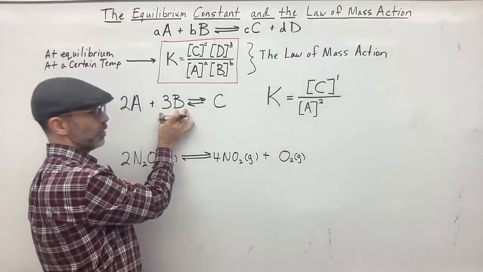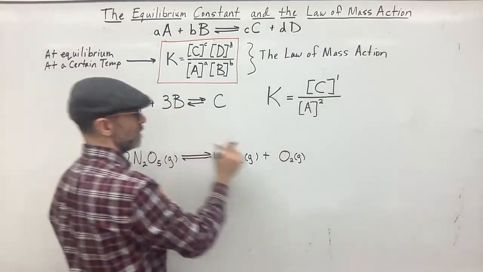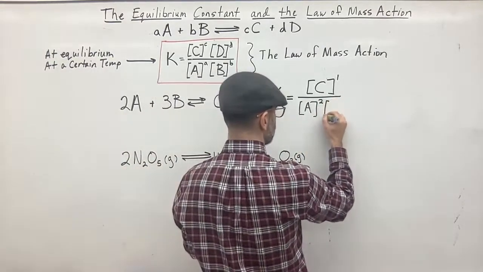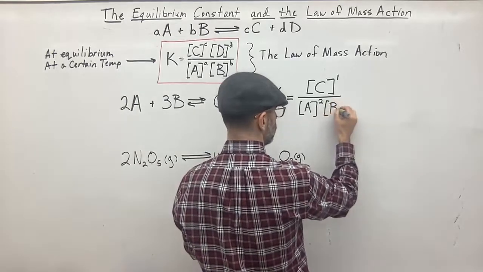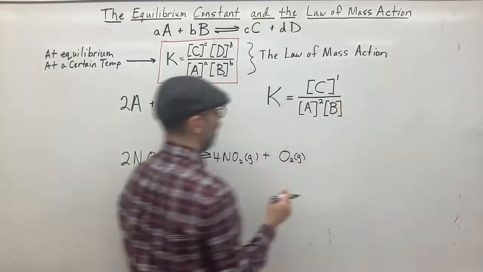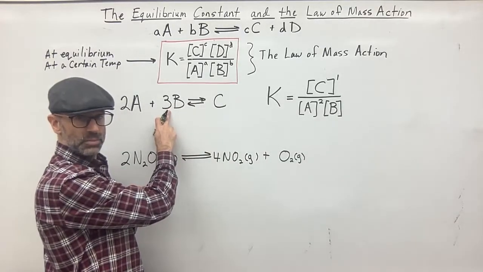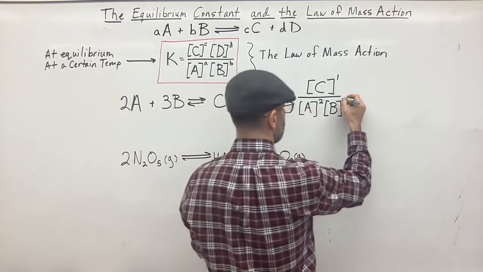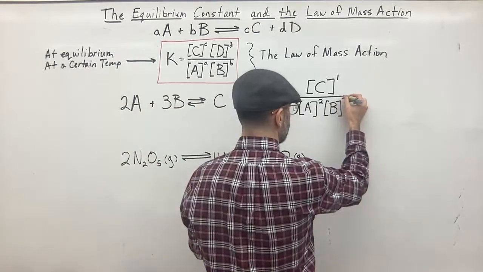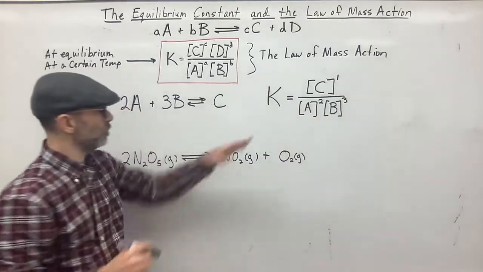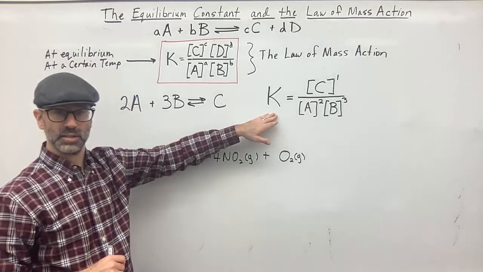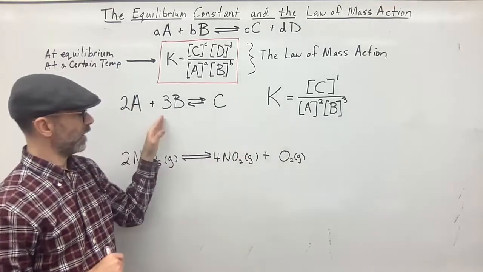And then now we're going to multiply that by the concentration of B. So we're going to put B on the bottom because that's a reactant. So it's going to be the concentration of B. And its coefficient is 3, so that becomes the exponent of B. So there you go. So then this would be the equilibrium constant expression for this reaction.